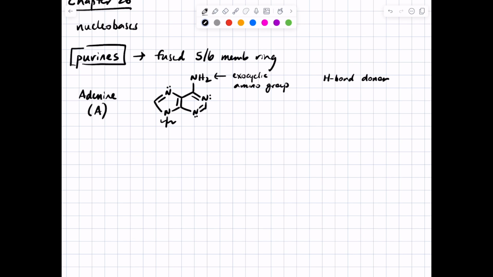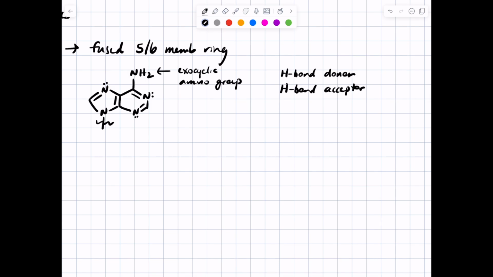That is, does it have an electron poor NH bond that it can use for hydrogen bonding versus a hydrogen bond acceptor. Hydrogen bond acceptors are basically going to be lone pairs on electronegative heteroatoms.